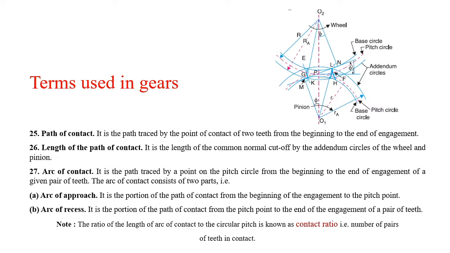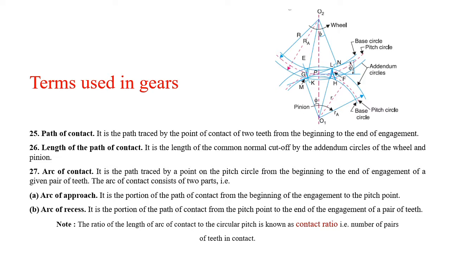This arc is called an arc of approach, whereas arc of recess is the portion of path of contact from the pitch point to the end of engagement of the pair of teeth. Along the pitch circle, that point is H, therefore PH will be the arc of recess.